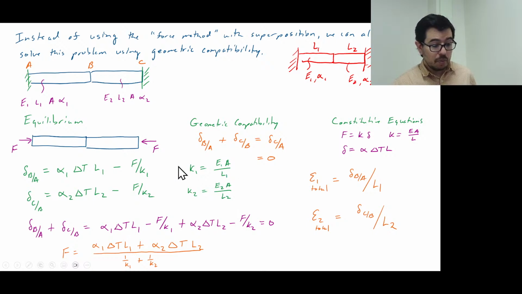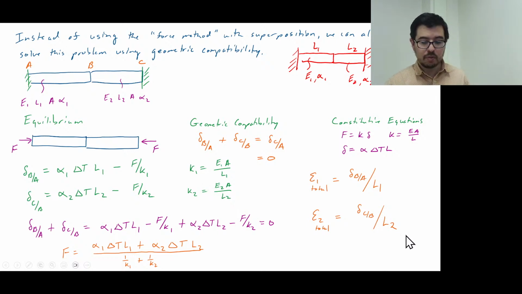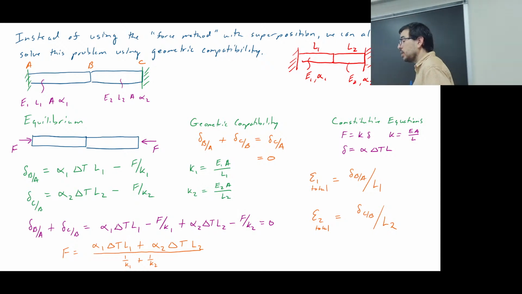When we plug in these equations, this is arguably a simpler way to do it. We calculate the force, and then we can calculate epsilon 1 as delta B relative to A over L1, and epsilon 2 as delta C relative to B over L2. We still have the three pillars, but this is more using geometric compatibility.